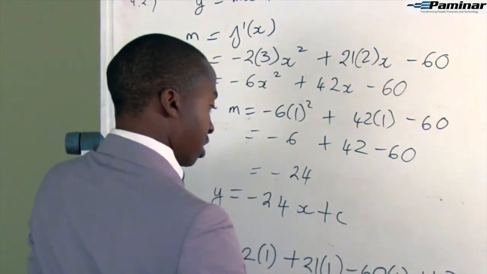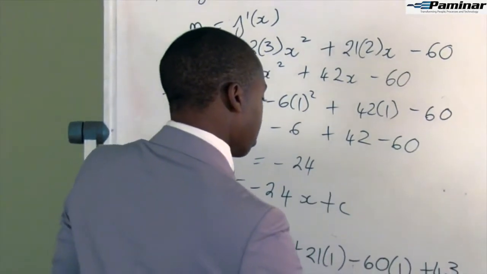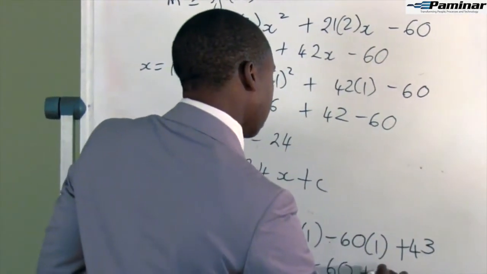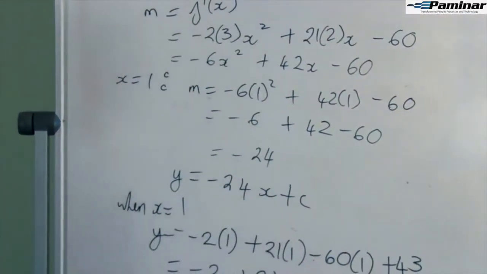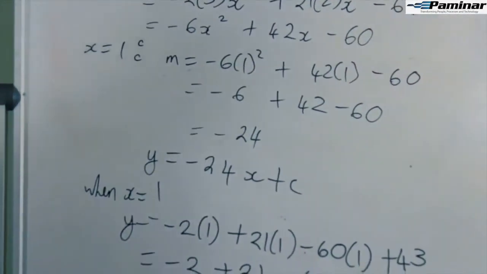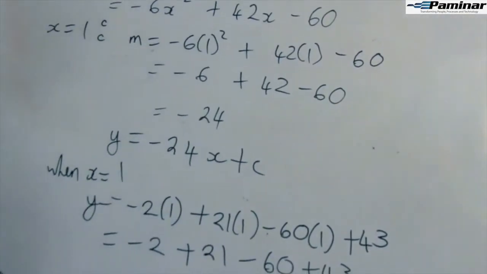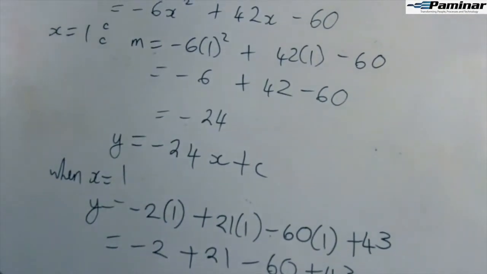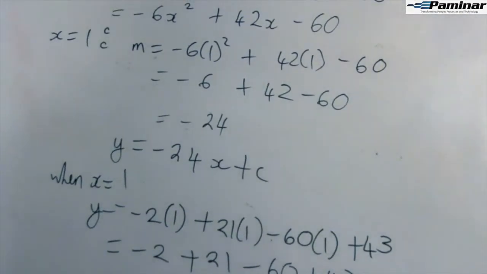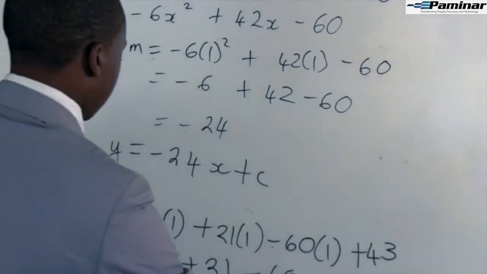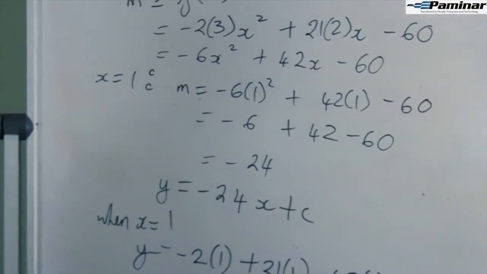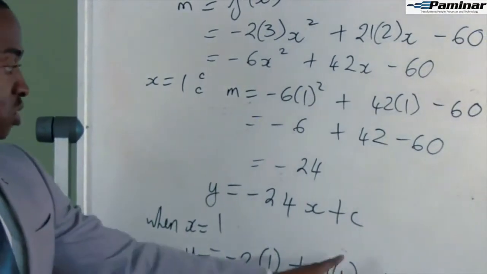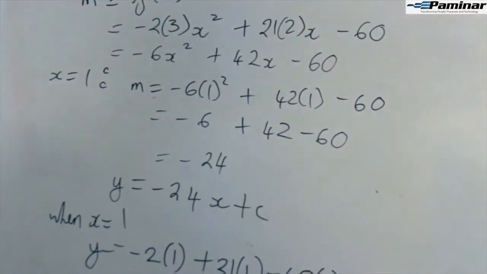Then ultimately you're calculating minus 2 plus 21 minus 60 plus 43. Confirm with me what you get for that. Get 2, right? Exactly. So y will equal 2. Okay, so now we can solve what c is.